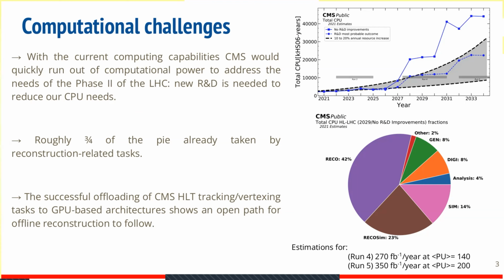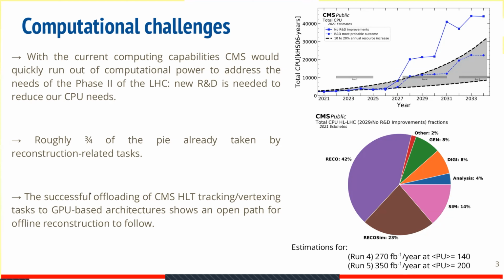Even if we're able to do it at the triggering level, whenever we want to run a reconstruction algorithm offline, this is taking a significant part of the CMS computing power, as is shown in the plot in the bottom right. So one of the challenges right now for the experiment is to do R&D and try to find different ways of processing data so we can tackle this problem.